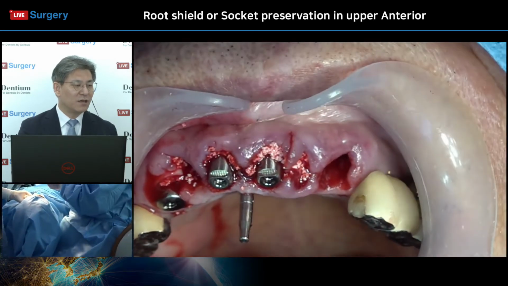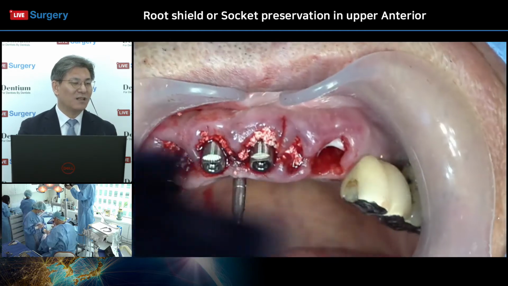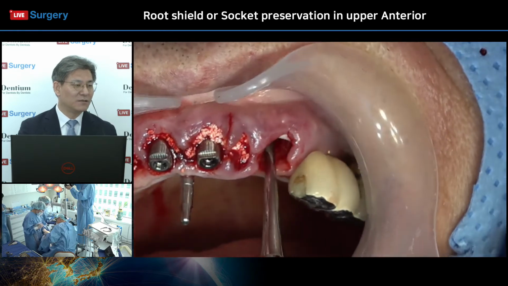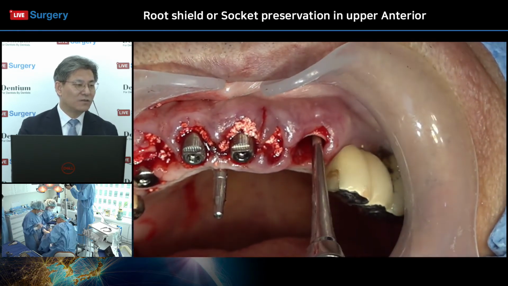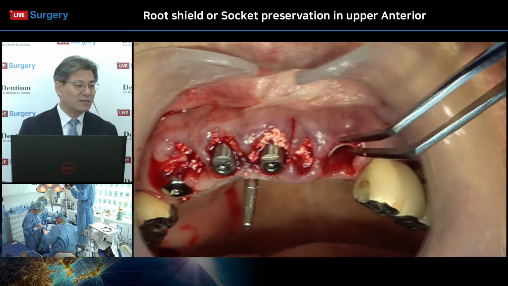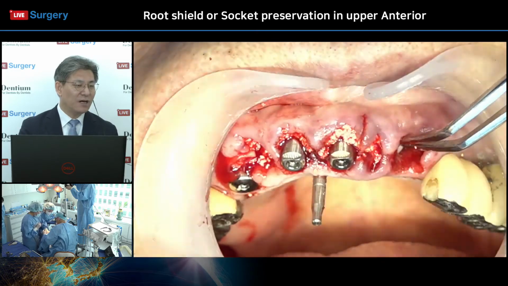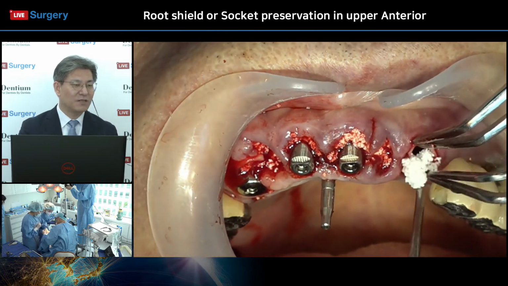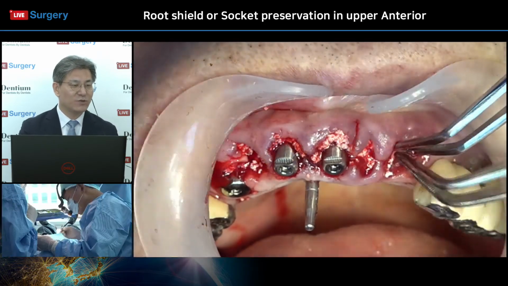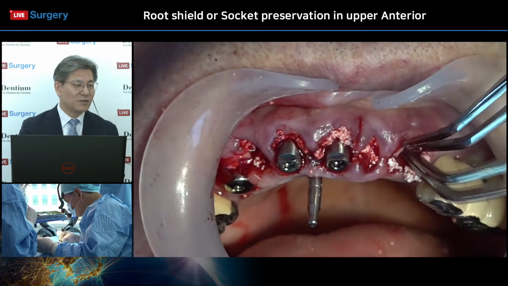So this Prime system is very versatile and interesting. All the drill sequences are very simple, minimized and the same, even though it's tissue level or bone level. And then finally you can choose either tissue level or bone level, it doesn't matter.